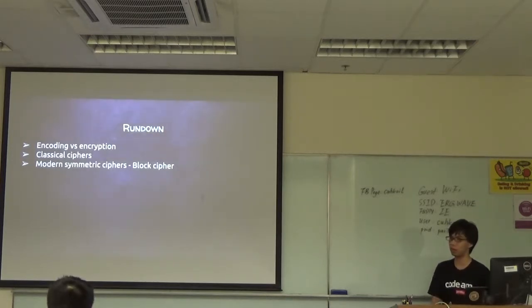If you find anybody still using classical ciphers nowadays, you could blame them. If you find anybody using block ciphers or weak ciphers nowadays, used in login systems or whatever, you could always blame them because they're not usable anymore. And lastly, we are going to talk about modern symmetric ciphers, and in particular, block ciphers.